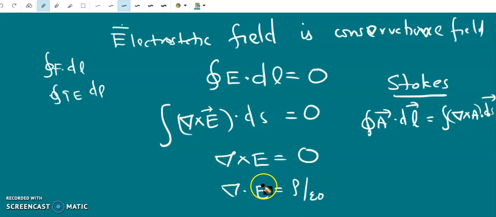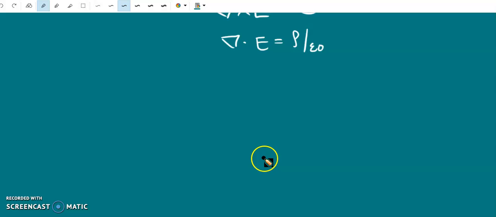So the first Maxwell equation gives the divergence of the electrostatic field, which is true for both static and dynamic case. But del cross E is equal to 0 only for an electrostatic field. So now we can discuss the magnetostatic cases.